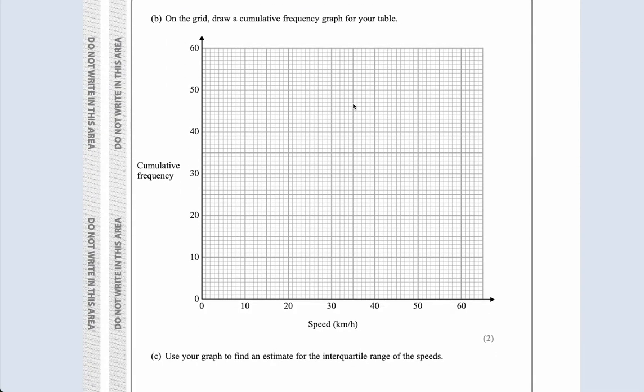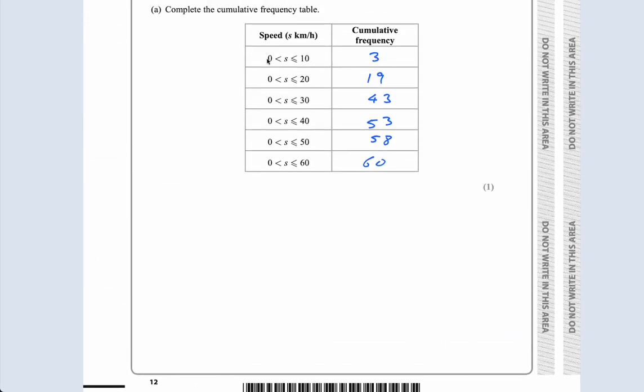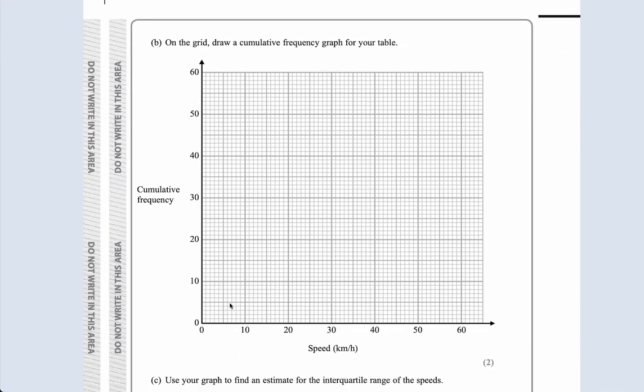Then I need to draw the graph. I'm going to start at 0 because that's the first one here, but I need to look at the 10 to put my point. So my first point is at 10, 3. My second point is at 20, 19. My third point is at 30, 43, etc. I'll put a point at 0, 0 as well, guys.